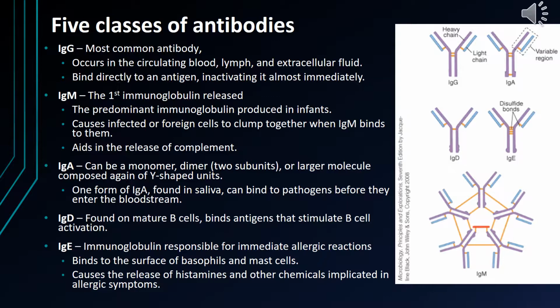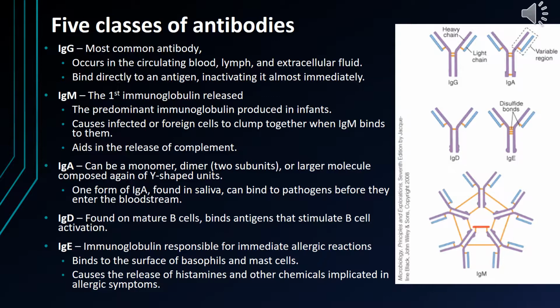It causes infected or foreign cells to clump together when bound by the antibody, and this aids in the release of complement. The IgA type of antibody can be a monomer or a dimer, which means it consists of two subunits, or it can even be a larger molecule composed, again, of Y-shaped units.